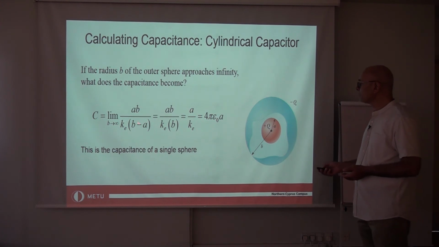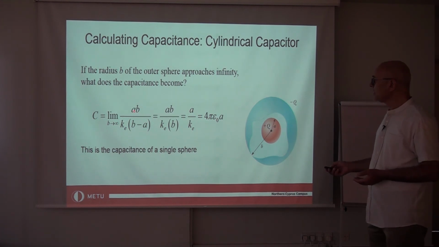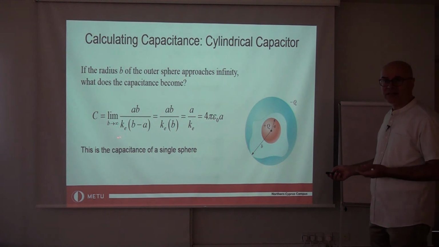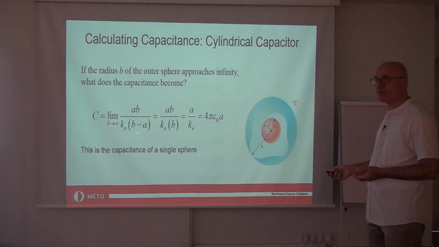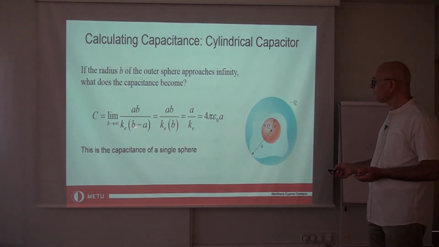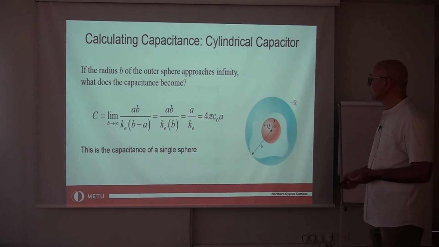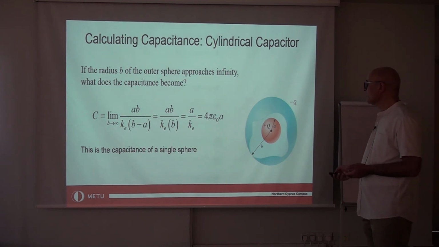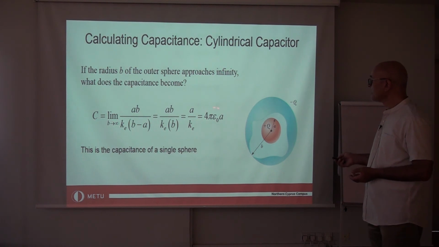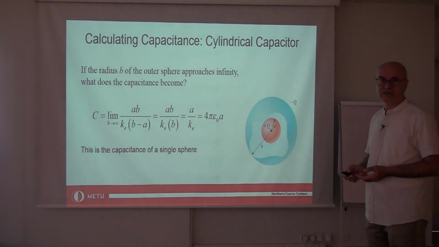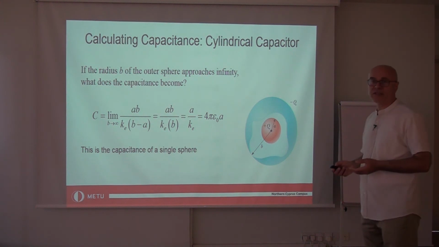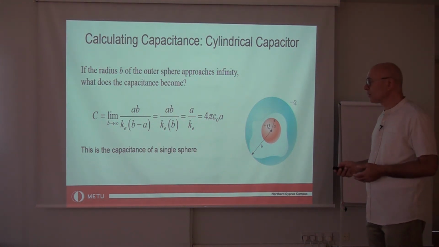You divide up and down by B, and in this case A over B will go to 0, so you'll get A over 1 minus A over B, and therefore this is what will survive, because B cancels out. As you can see, you get the result for a single sphere. That is the capacitance of a single sphere. This is what we expect.